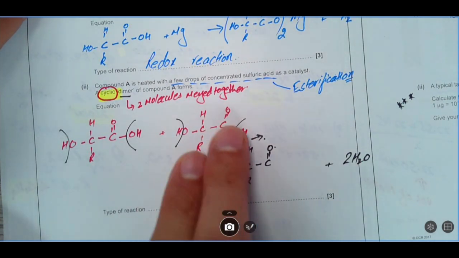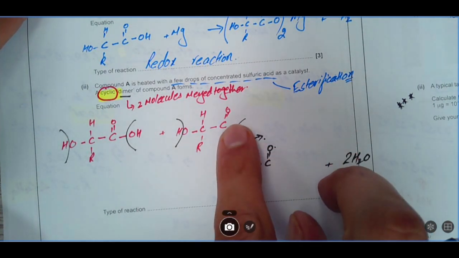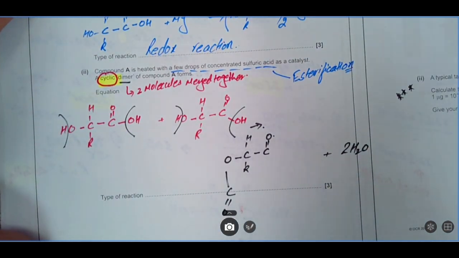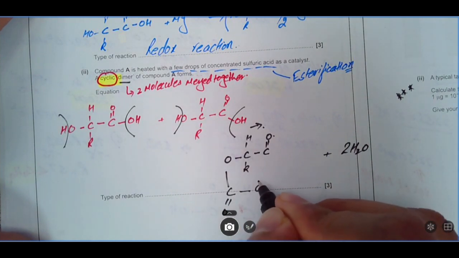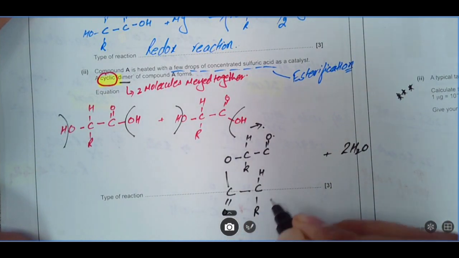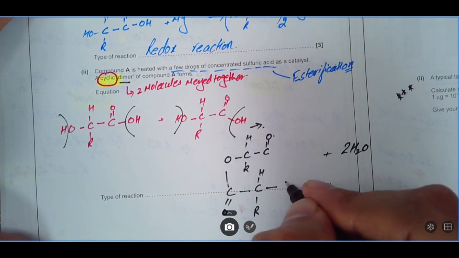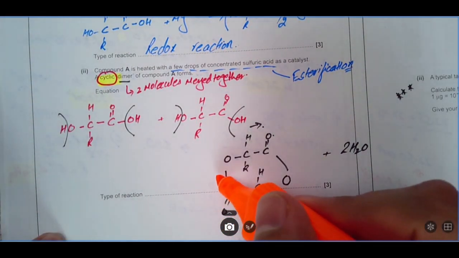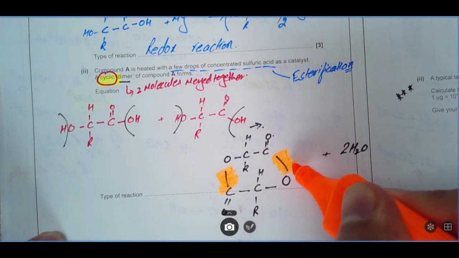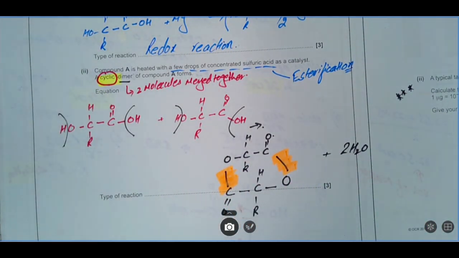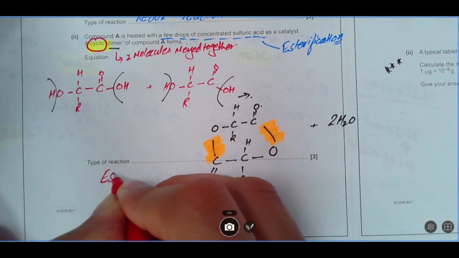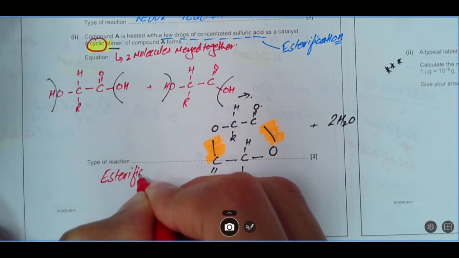So if I flip this molecule and write it down here, or I can say I'll write it down in reverse order, like C double bond O. I can link these two together. Dash C dash H dash R dash O, and this will link together. These are the bonds which have linked together. Now the type of reaction in this case will be called esterification.